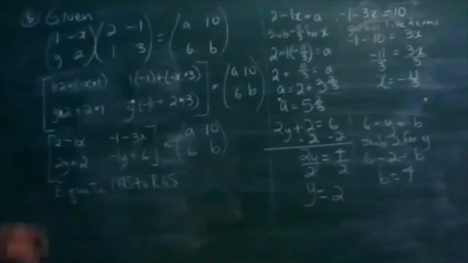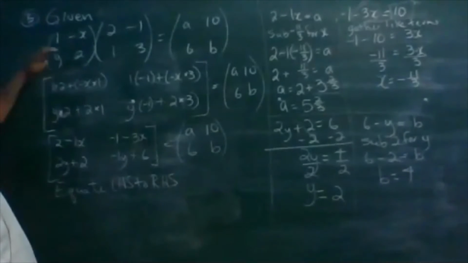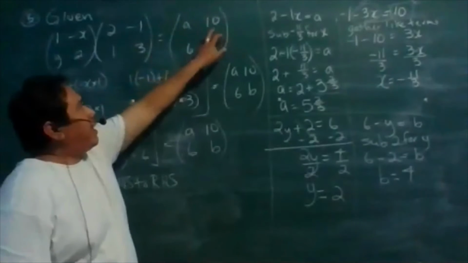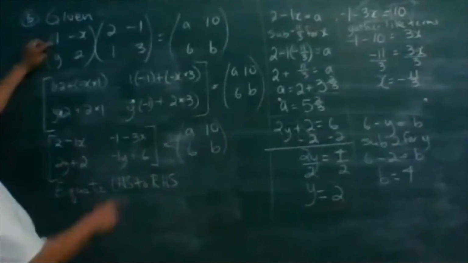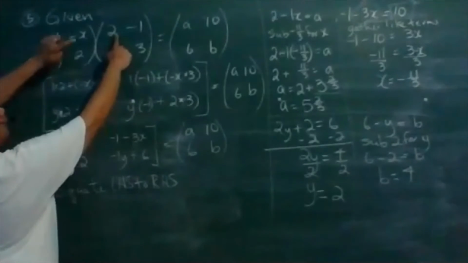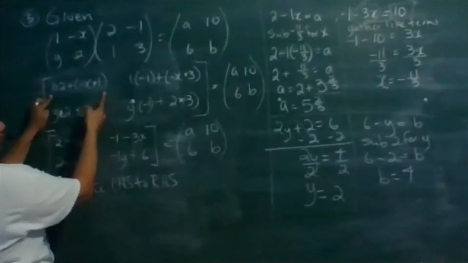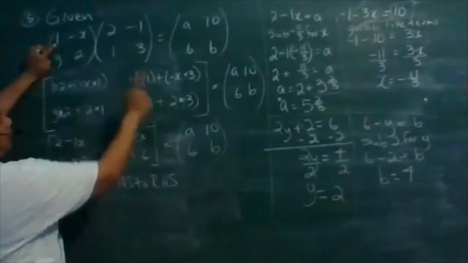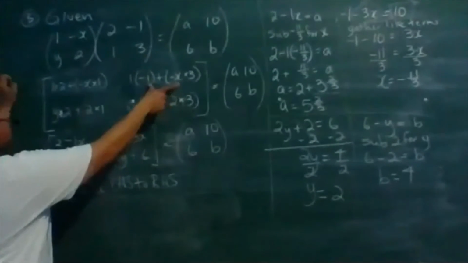So we have the question: given the matrix [1, -x; y, 2] times [2, -1; 1, 3] equals [a, 10; 6, b]. So I matrix multiply: 1 times 2 plus negative x times 1, that gives me the first one. 1 times negative 1 plus negative x times 3, that gives me the second one.